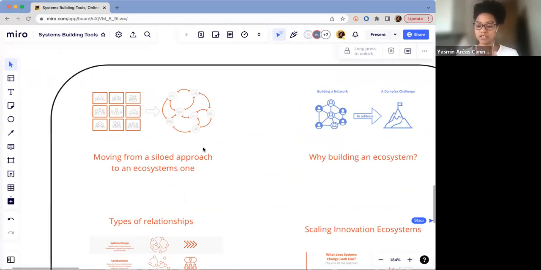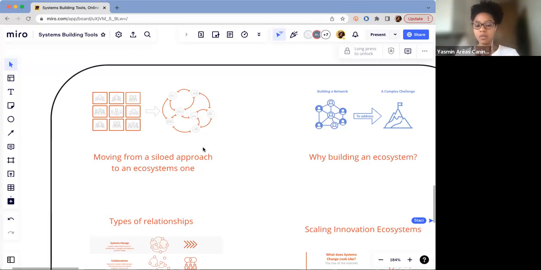It's about the relationships that we create. It's about the connections of the elements. So in our last session, we talked about the importance of building ecosystems in order to move closer to a more transformational type of environment, the one that is more innovative and thriving.